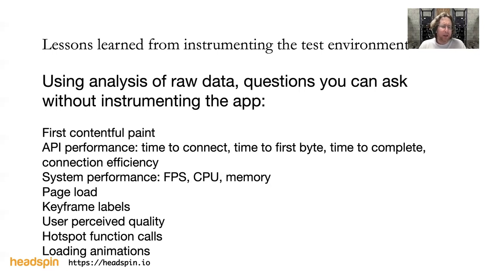Keyframe labels is one we'll go into later in more detail, but essentially using fuzzy image matching to find keyframes and how those keyframes change test over test. This is something that's particularly useful within the gaming space to measure key user journeys through the games and how long they're taking. User perceived quality.